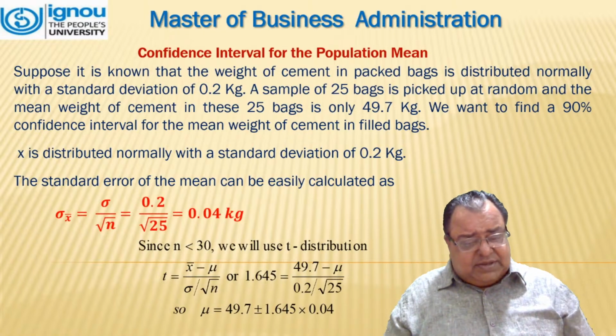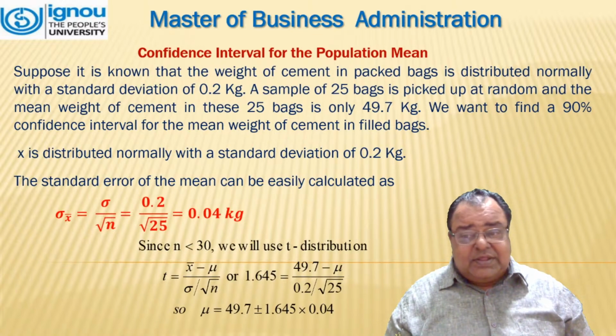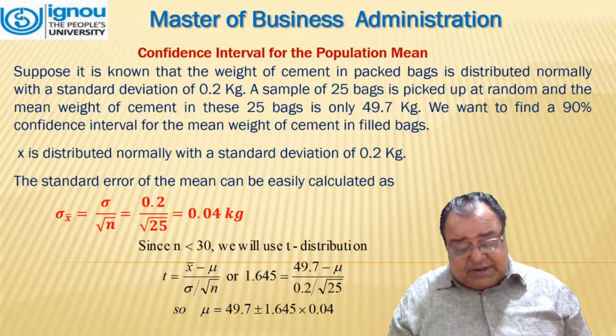After solving this, you find that mu is equal to 49.7 plus or minus 1.645 into 0.04. This is your answer.